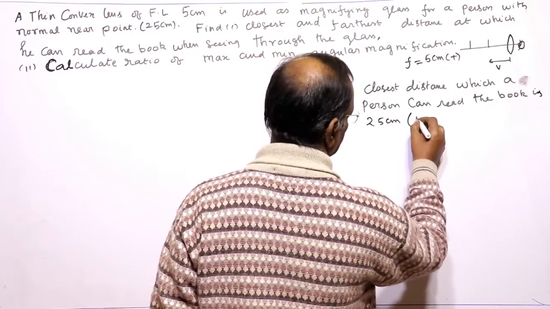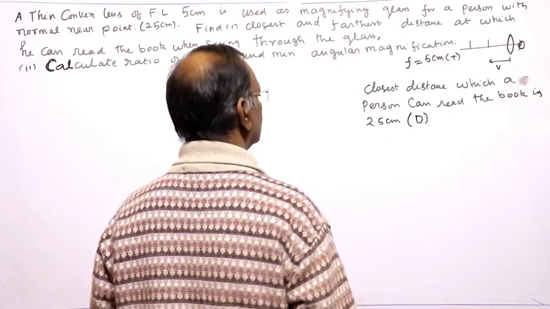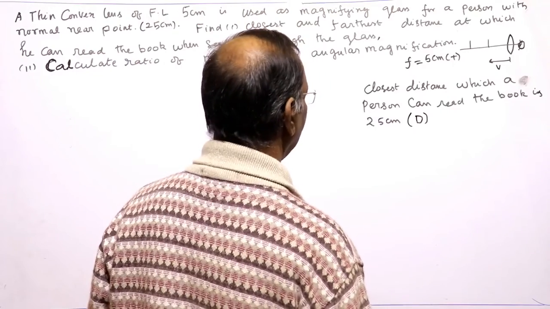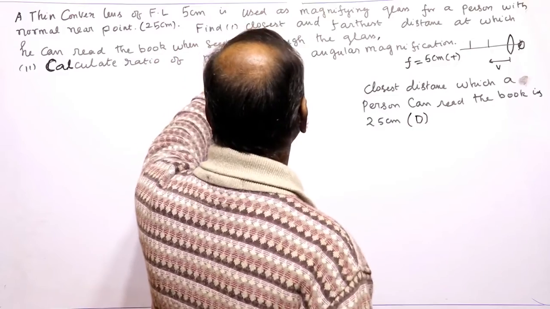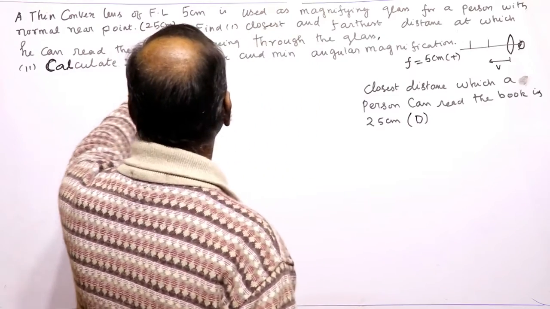So that is D, the least distance of distinct vision. Here we have to find the closest and farthest distance at which he can read the book seeing through the glass.